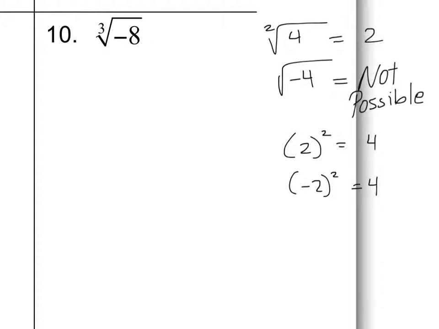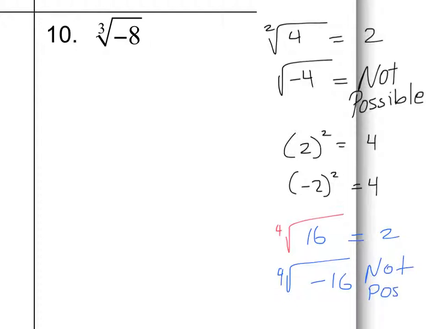But if the radical is an even radical, for example, 4th root of 16 would be a 2. And 4th root of -16 would not be possible in the real set. And the reason behind that, again, is every time you raise a negative number to an even power, the answer will always be positive.